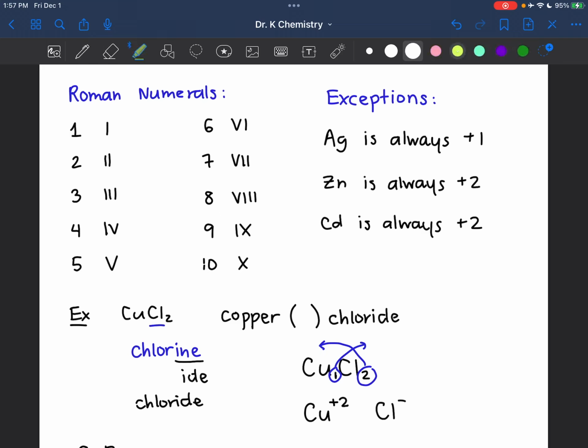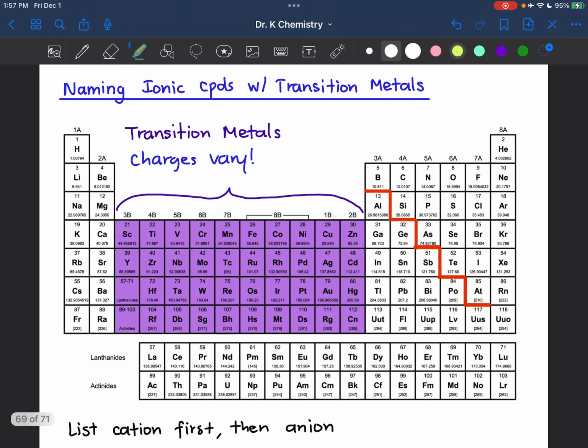The next thing you want to do is make sure that that actually makes sense. So look, you're always going to use the anion to frame whether these charges make sense, and because the anion charge does not vary, you can use it to figure out the charge on the cation. So I'm going to go back to the periodic table. I see that chloride is in group 7A.